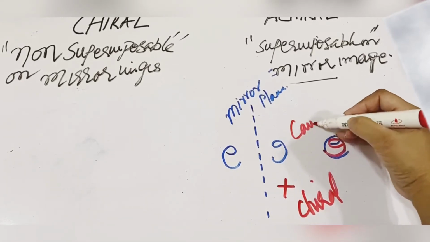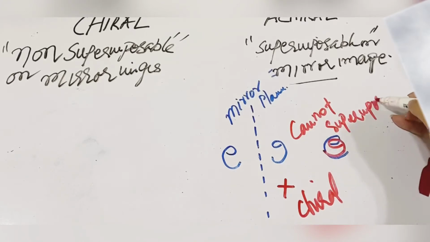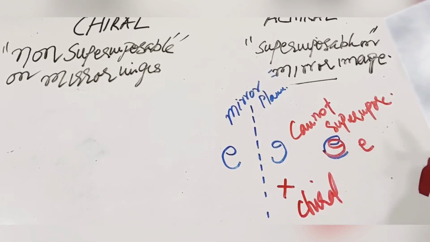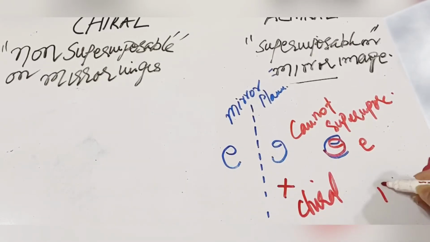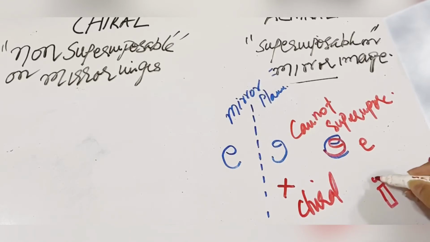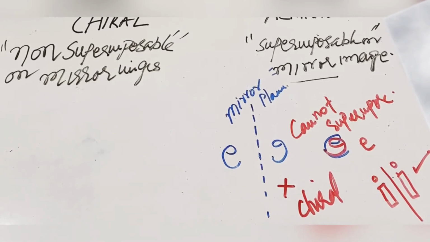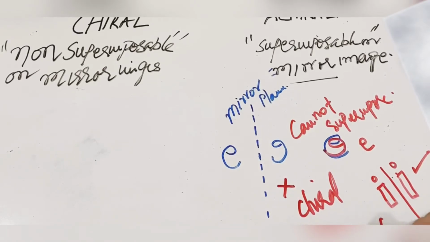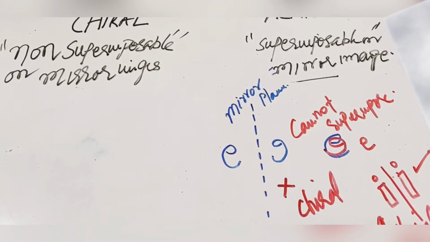You cannot superimpose alphabet E, whereas you can superimpose alphabet I. We just superimposed I. So this was the example of an achiral molecule or achiral object, whereas this alphabet E is an example of a chiral object.